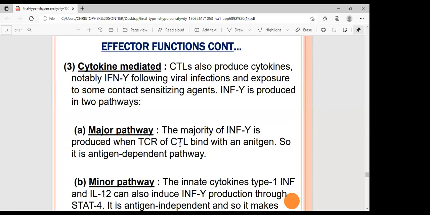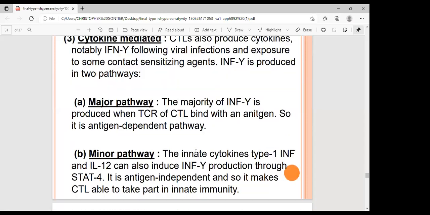The TCR or secret lines of antigen dependent or a minor pathway where you elaborate type 1 interferon and interleukin 12. It also induces gamma interferon. But STAT4 is a signaling pathway, antigen independent. So it makes CTL able.